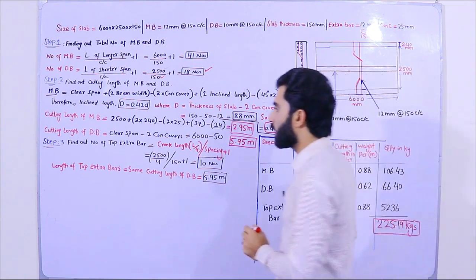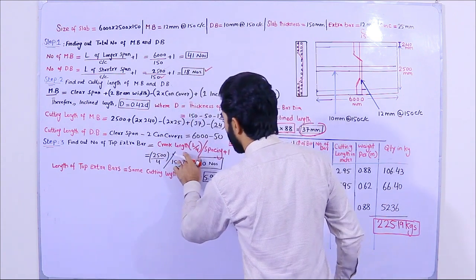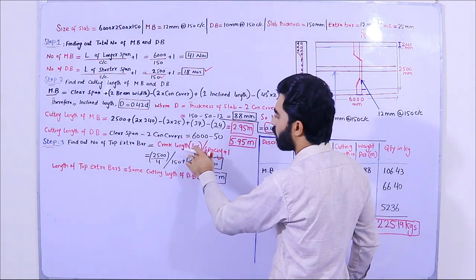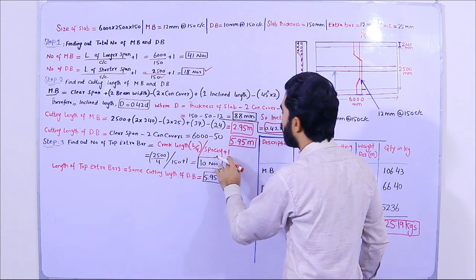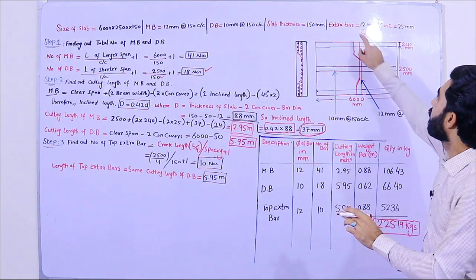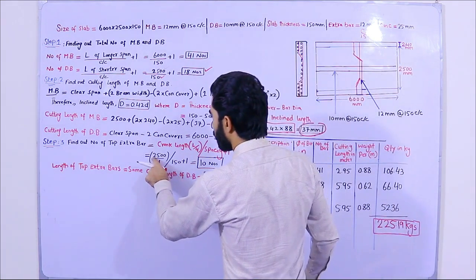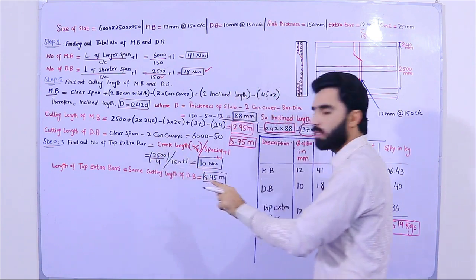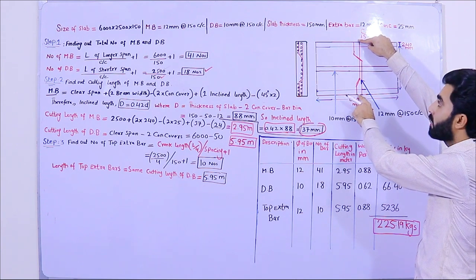So therefore to find out the numbers of extra bars, crank length divided by 4, so L by 4, as I told you in many videos, divided by spacing plus 1. So dia is 12 millimeter for extra bar, the spacing is 150, so therefore 2500, which is this one, for extra bars.